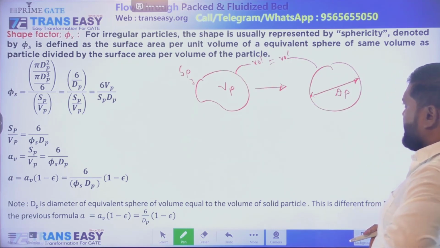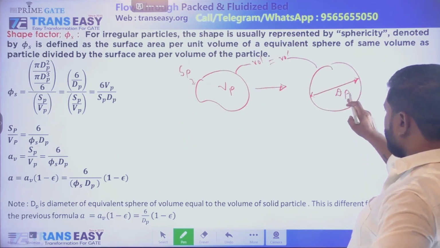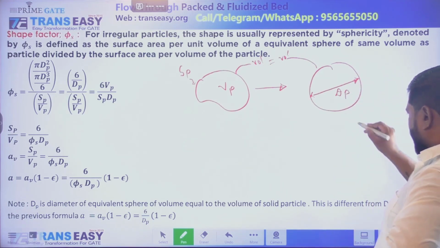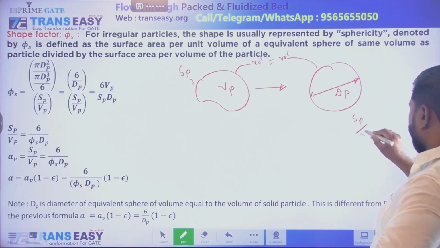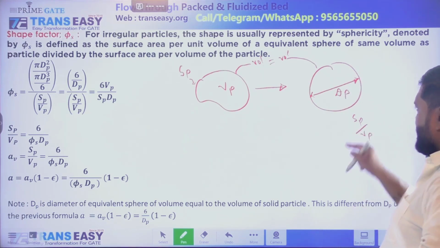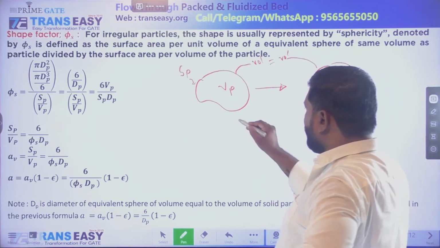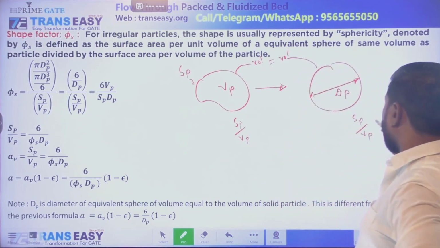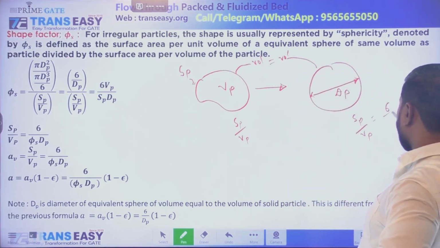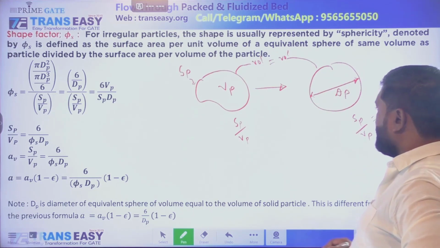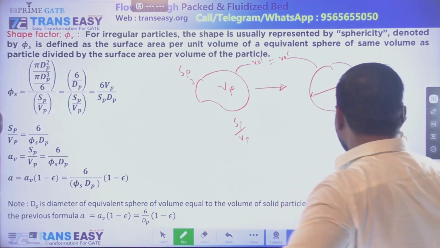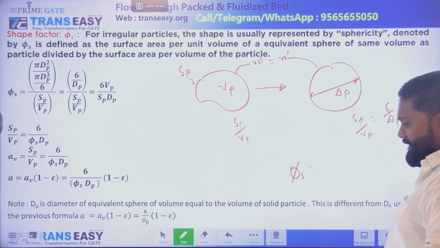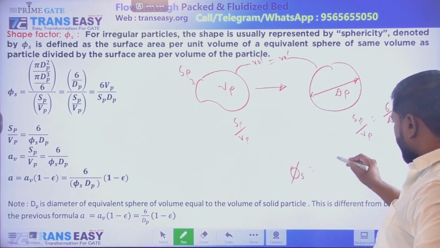Dear students, find sp upon vp of this equivalent spherical particle. यहां कैलकुलेट करो sp upon vp और यहां कैलकुलेट करो sp upon vp. यहां sp upon vp क्या हो जाएगा 6/dp, राइट? इनका रेशियो ही स्फेरिसिटी कहलाता है, यानी कि av का रेशियो स्फेरिसिटी कहलाता है, राइट?